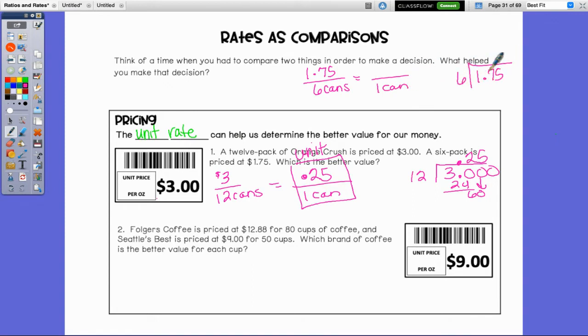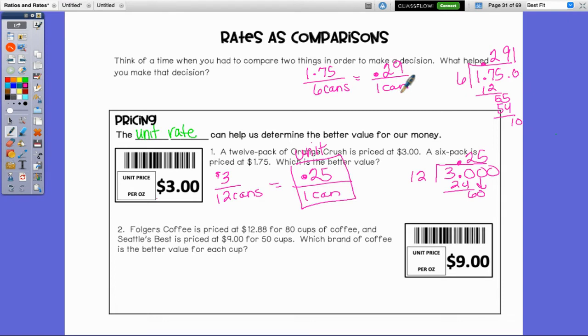Remember, numerator in, denominator out. 6 goes into 17 two times. That's 12. 6 goes into 55 9 times. That's 54. And then I could keep going, bring down a 0. It goes 1. But we're going to stop at 29 cents because we do things in rounded dollars.